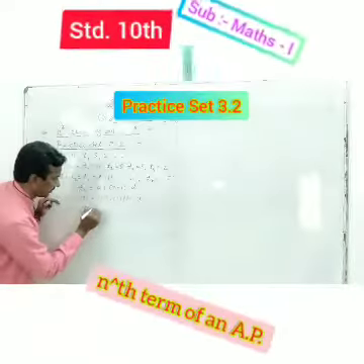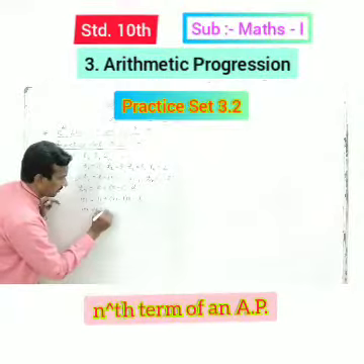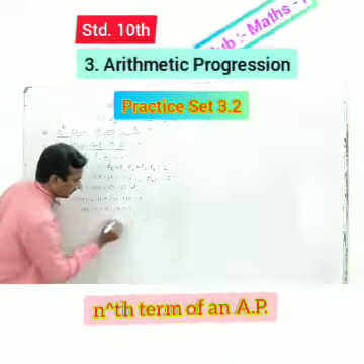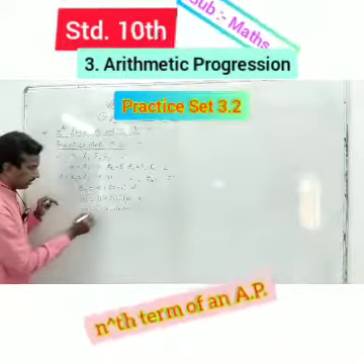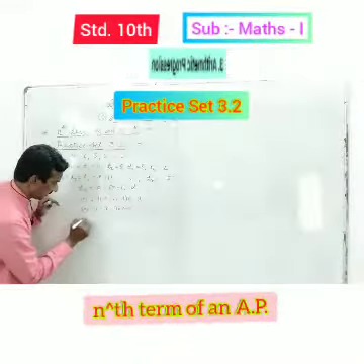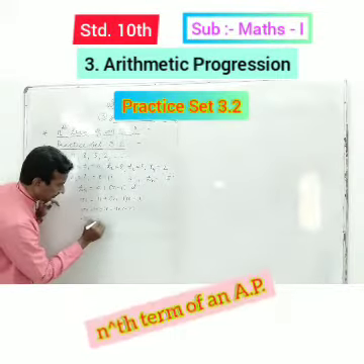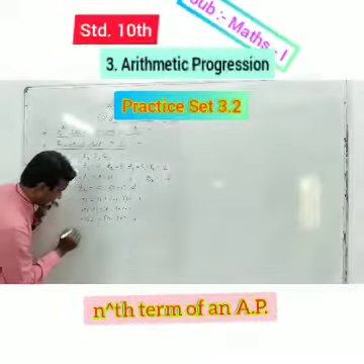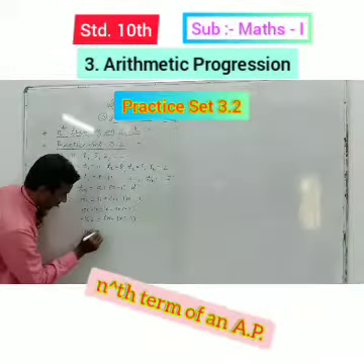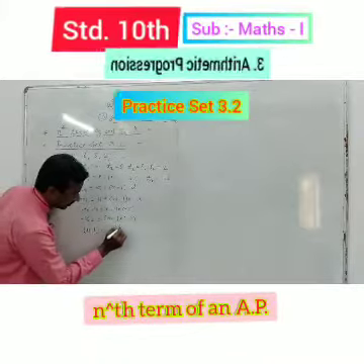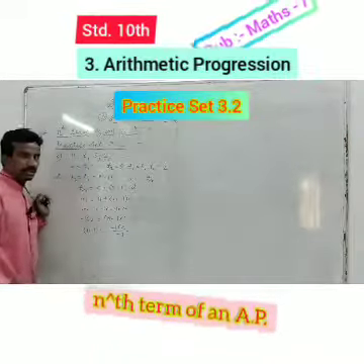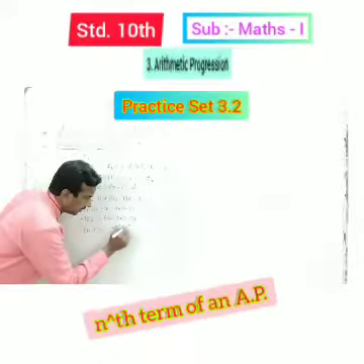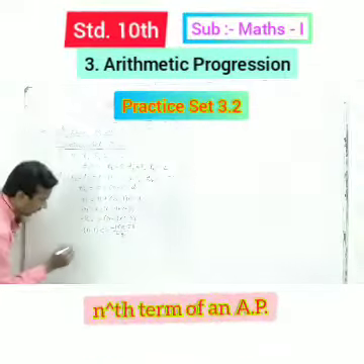Minus 151 minus 11 is equal to n minus 1 into minus 3. Minus 151 minus 11 is minus 162, which is equal to n minus 1 into minus 3. Therefore, n minus 1 is equal to minus 162 upon minus 3. Divide. 3 1s are 3, 3 5s are 15 and 3 4s are 12.